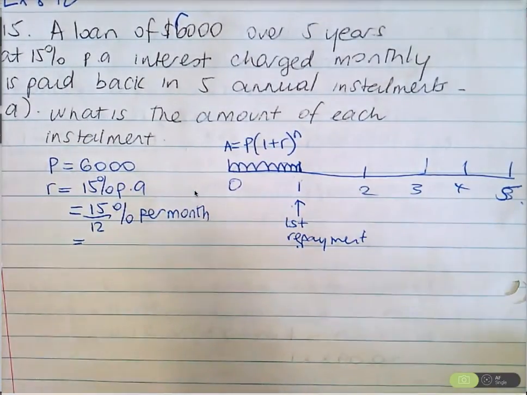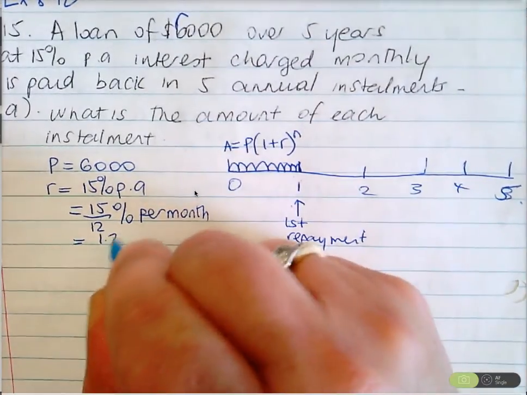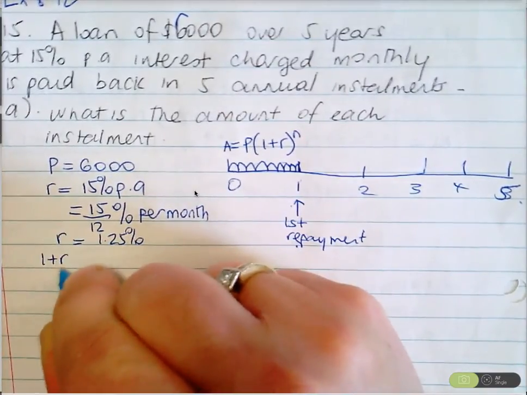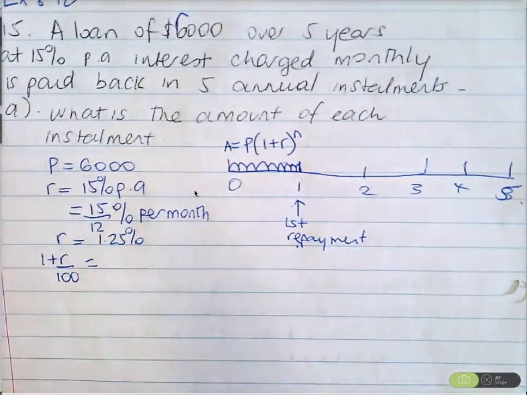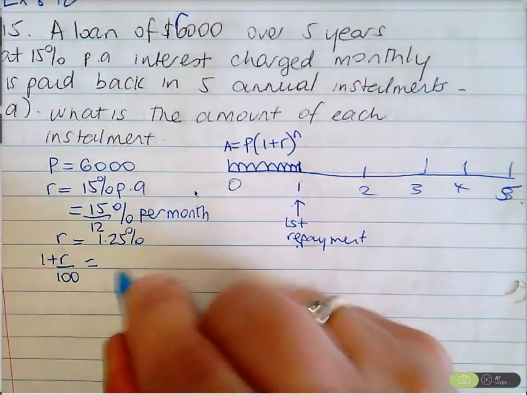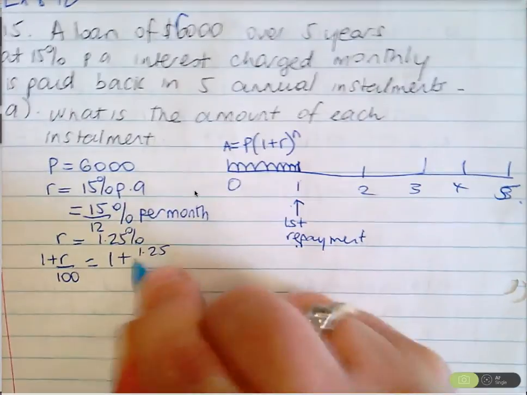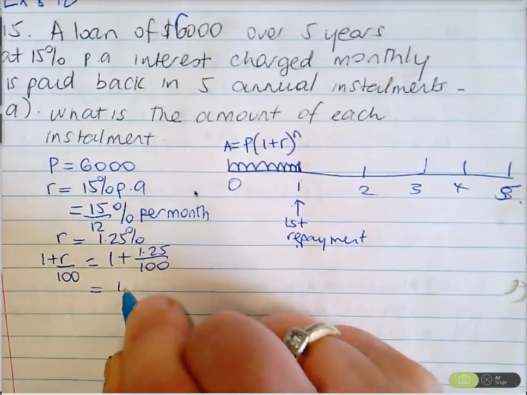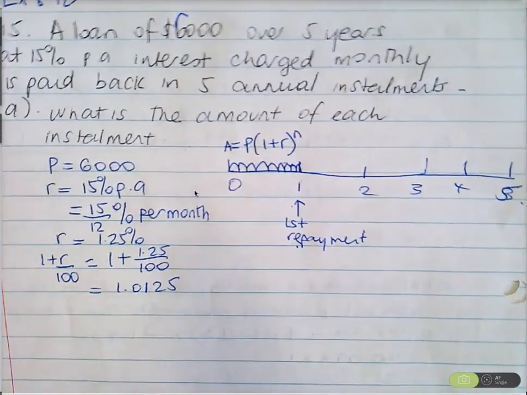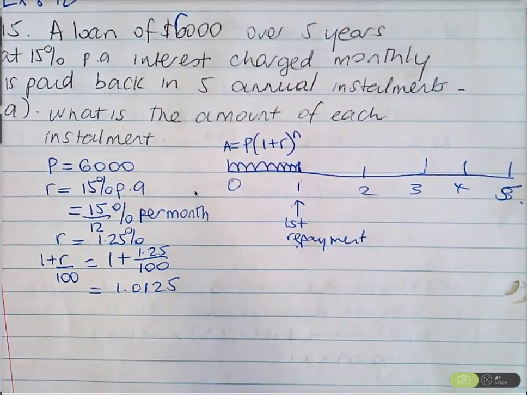Well, 15 over 12 is 1 3/12, which is 1 1/4. That's 1.25% per month. But girls, we're going to have to work out 1 plus R over 100. And that will be 1 plus 1.25 over 100, which is 1.0125. That's what we're going to put in as 1 plus R over 100.